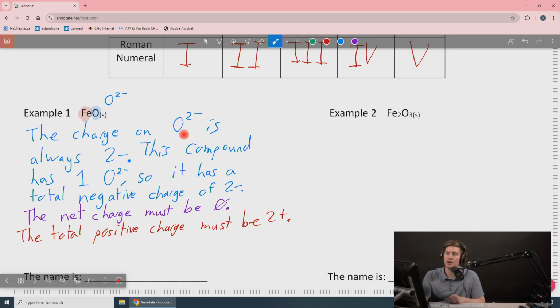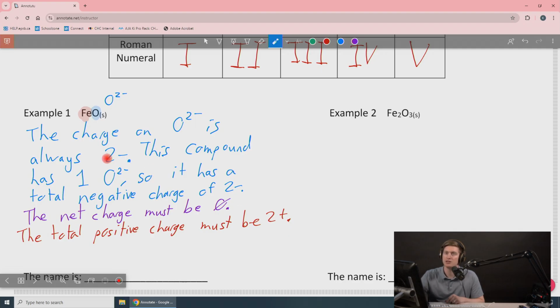So let me walk you through that logic one more time. The charge on an oxide anion is always 2 negative. This compound has one oxide anion. Because the subscript on this O is not written, we assume there's 1. So the total negative charge of this compound is 2 negative. The net charge of this compound must be 0. So the total positive charge must be 2 positive.